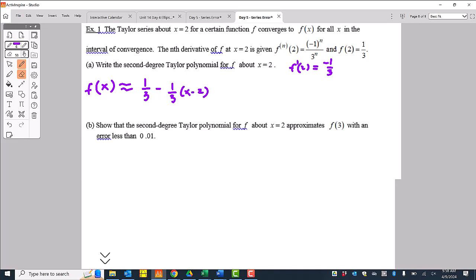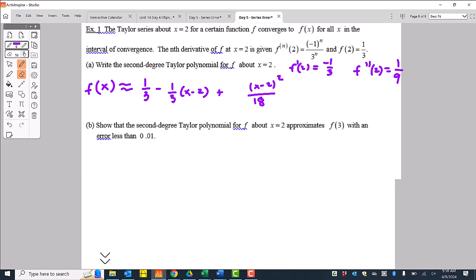Then we want the second derivative, because we want the second degree. Second derivative at 2 is going to be 1 over 9. So plus 1 over 9 times x minus 2 squared over 2, which will give us over 18. There's our polynomial.